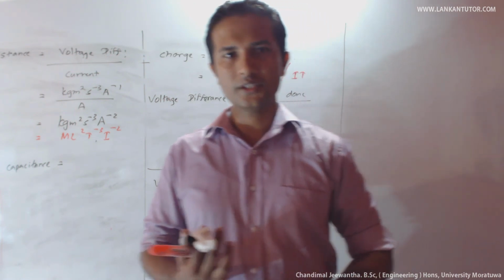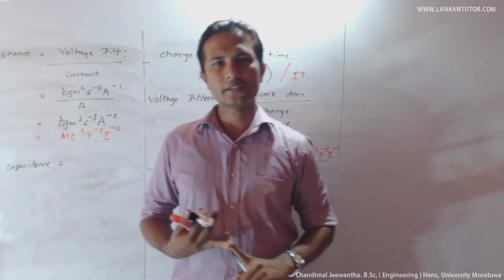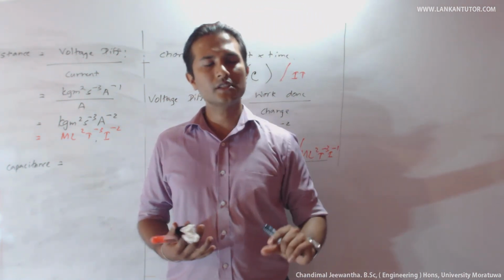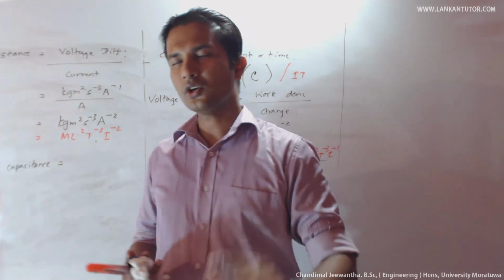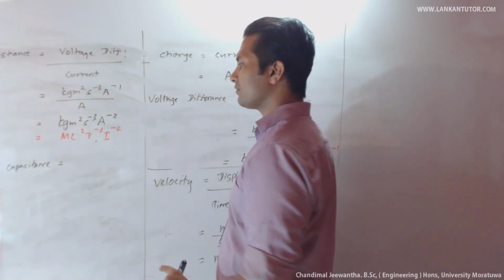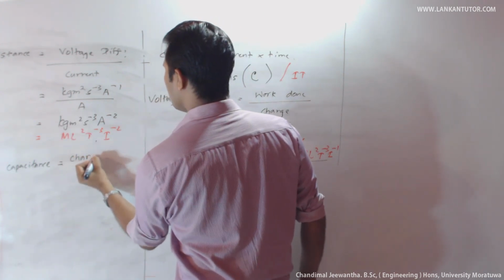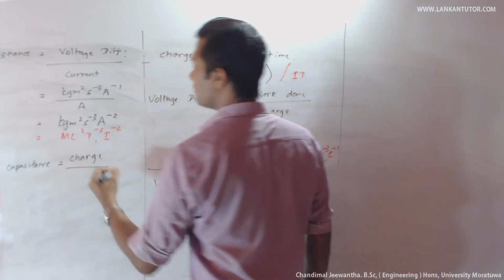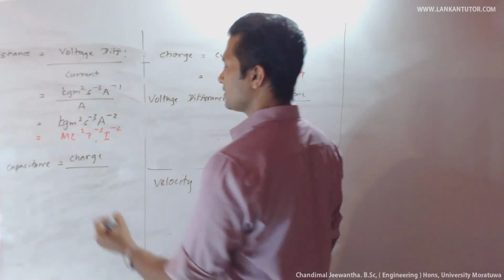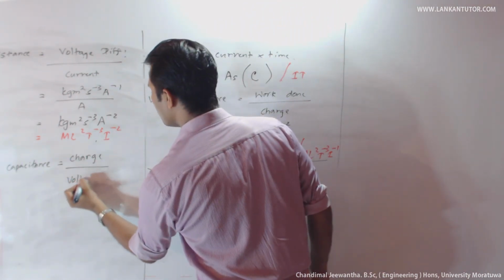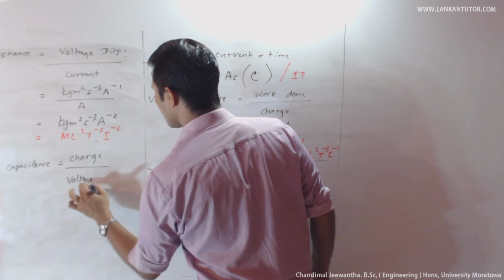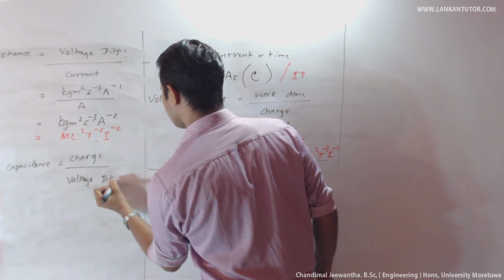Q is charge, C is capacitance, V is voltage difference. In order to find the unit of the capacitance, charge should be divided by voltage difference.